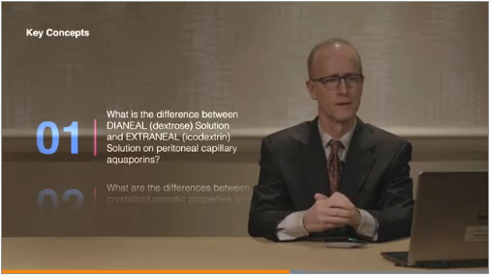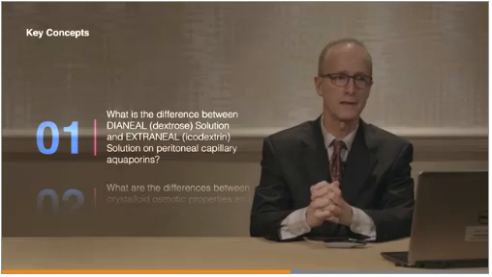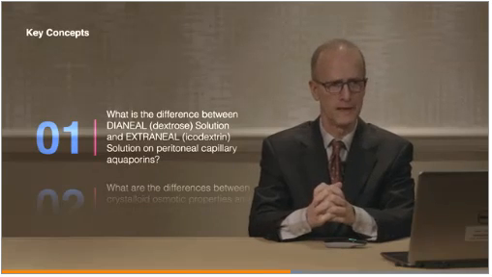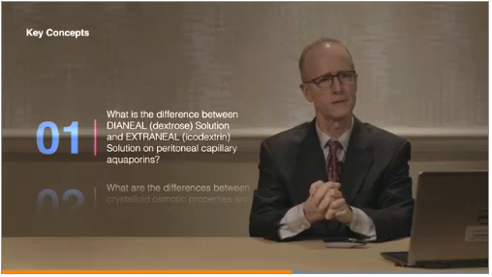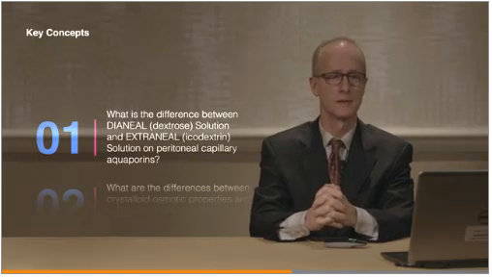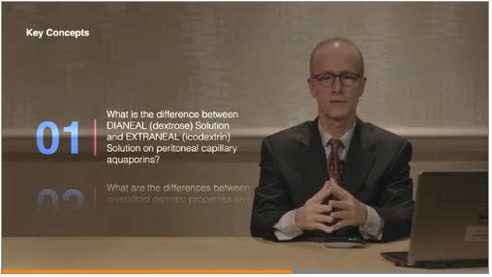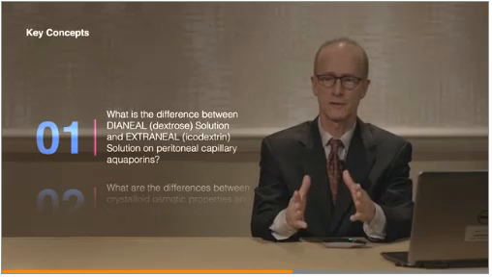All right, a couple of key concepts. Number one, what is the difference between Dianeal dextrose solutions and Extraneal icodextrin solution on peritoneal capillary aquaporins? Well, Dianeal dextrose solutions are crystalloid.